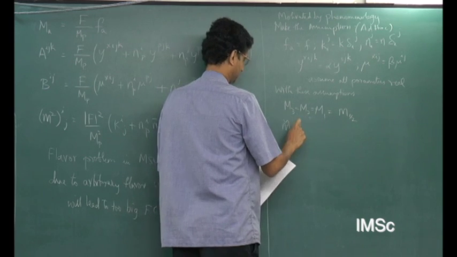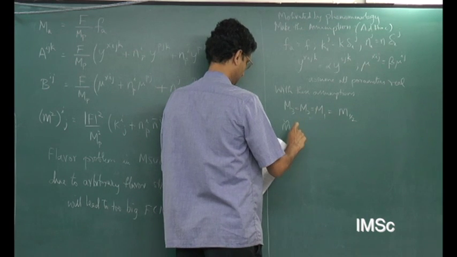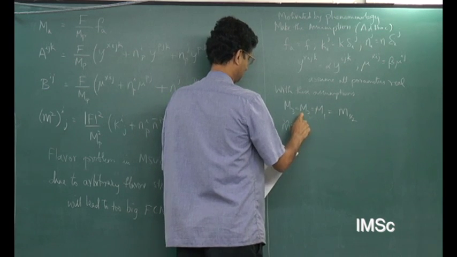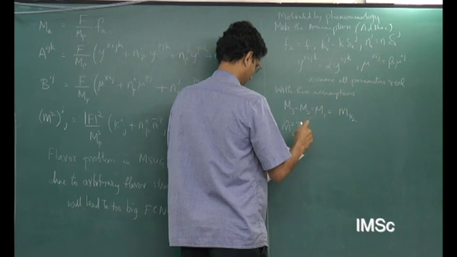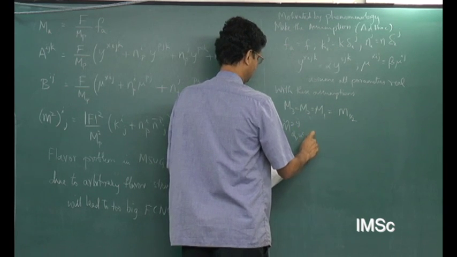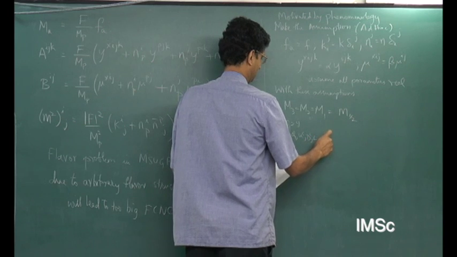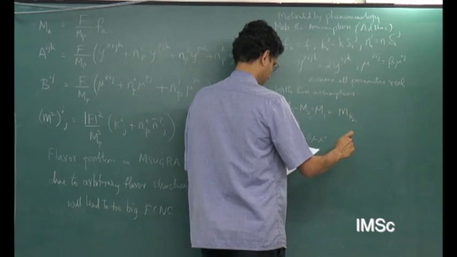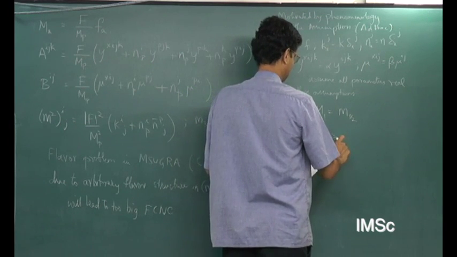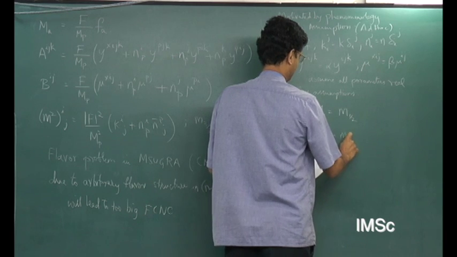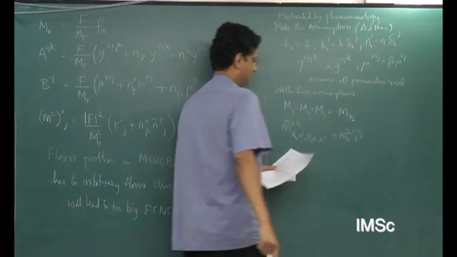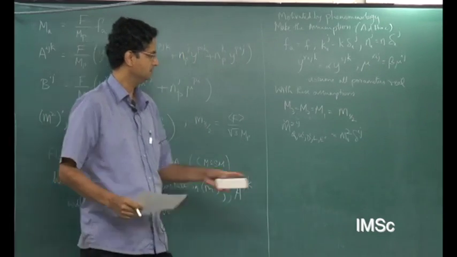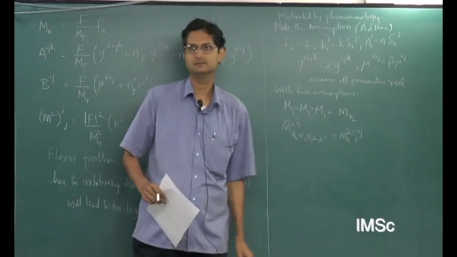And these are all the squark masses. So for all of them, Q, U, D, L, E, all of them are just given by m0 squared, one mass parameter, and it will be flavor diagonal, which is crucial.